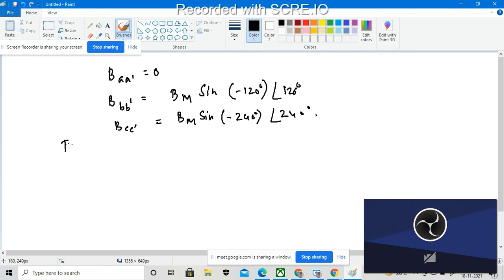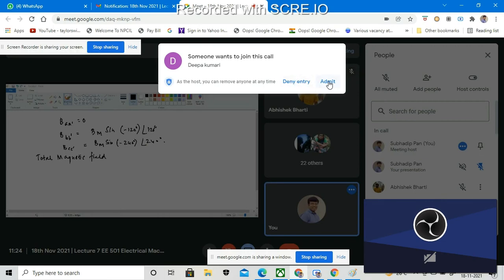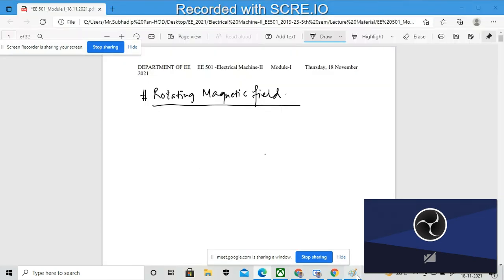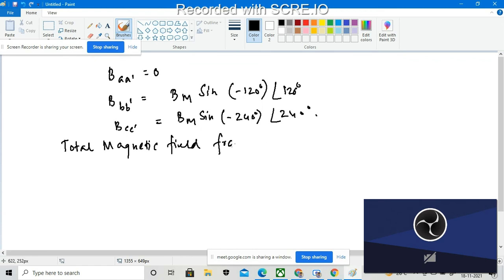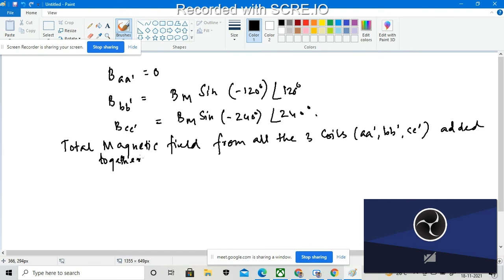So the total magnetic field from all the three coils, A dash coil, B dash coil, and C dash coil, added together, will be B net, that equals B of A dash plus B of B dash plus B of C dash.